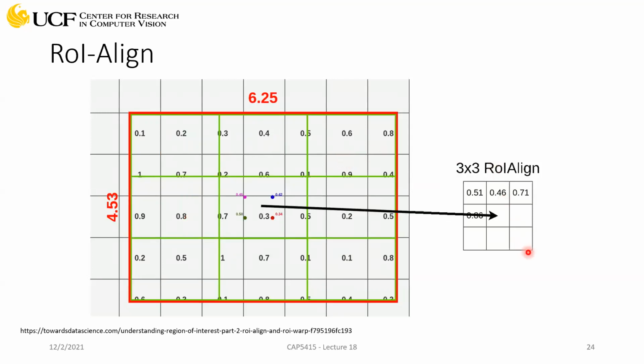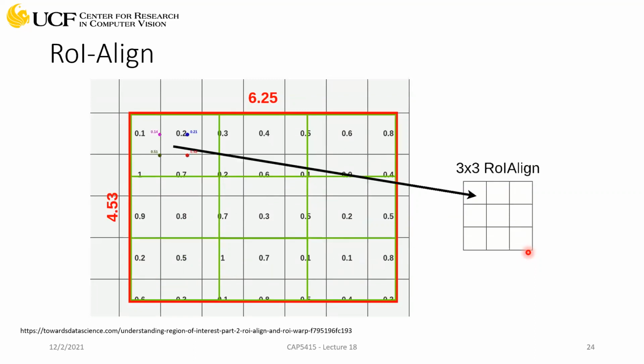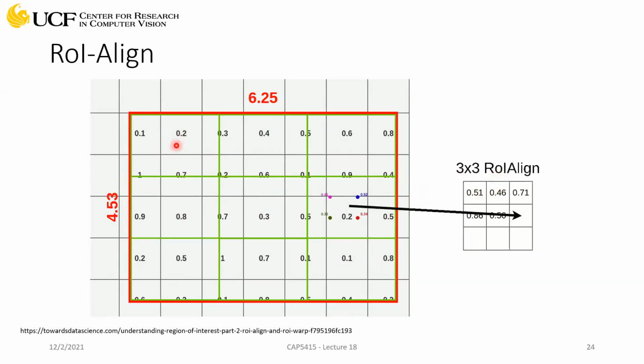So in this case, you're not losing any information, but if you think about this, you are actually gaining some information. Because when we compute this 0.51 here, this 0.51 is coming from these 2 pixel locations as well as these 2 pixel locations. So these 2 are actually beyond the actual boundary, which is fine.